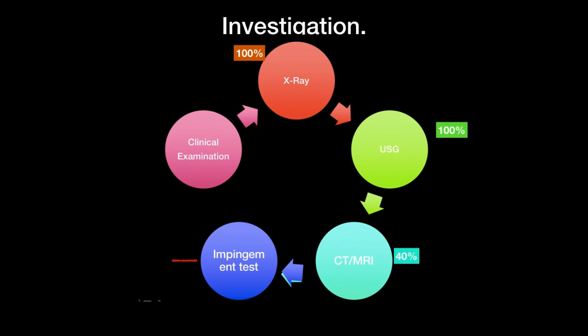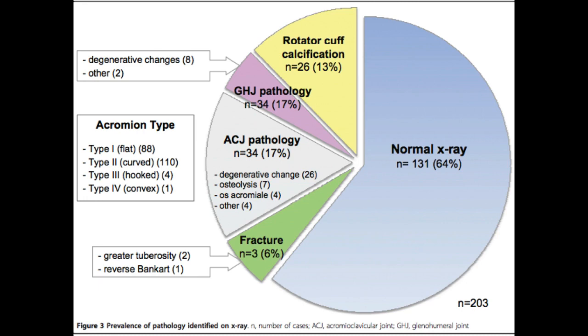After the X-ray and the ultrasonography, nearly 40% will require a CT and MRI, and those who have some positive finding in the CT and MRI and plan for surgery will require an impingement test, and this impingement test will clinch or identify the location of the pain, and once it is done, then we can plan for the detailed treatment and even plan for the surgery of that particular patient.